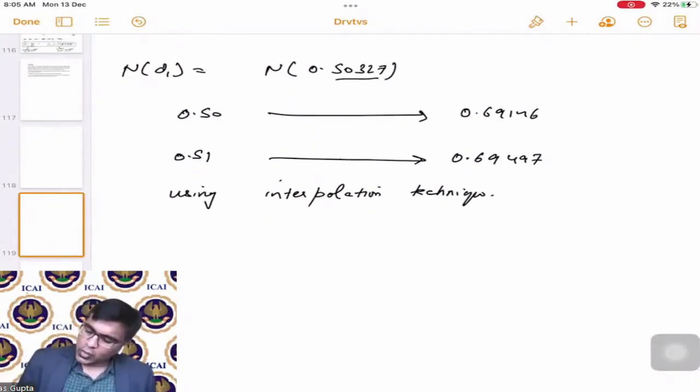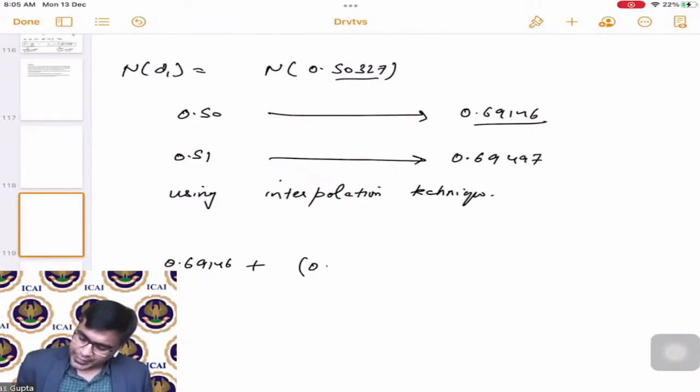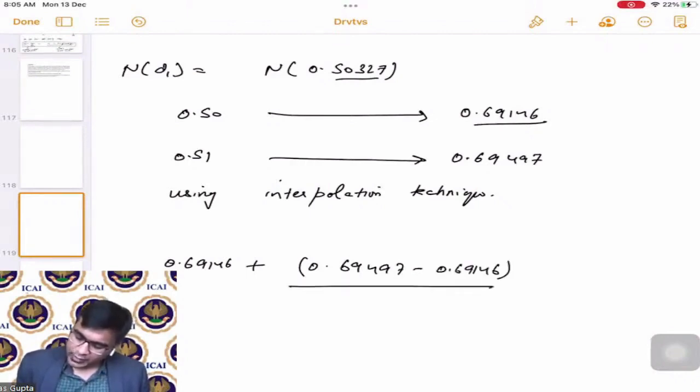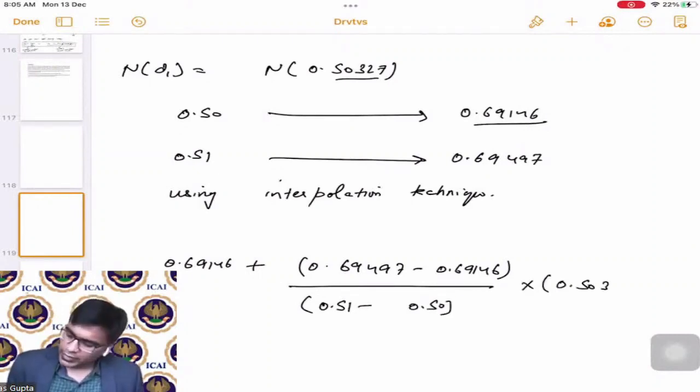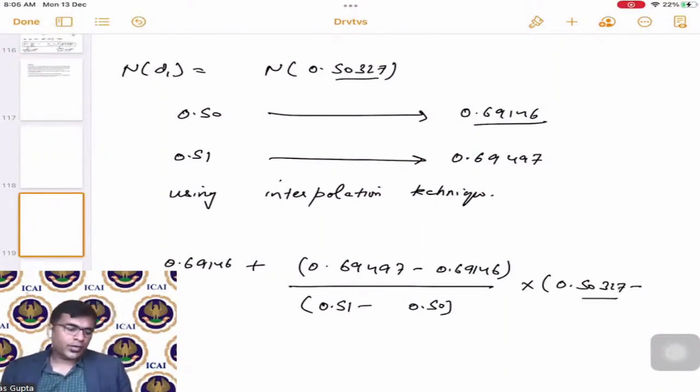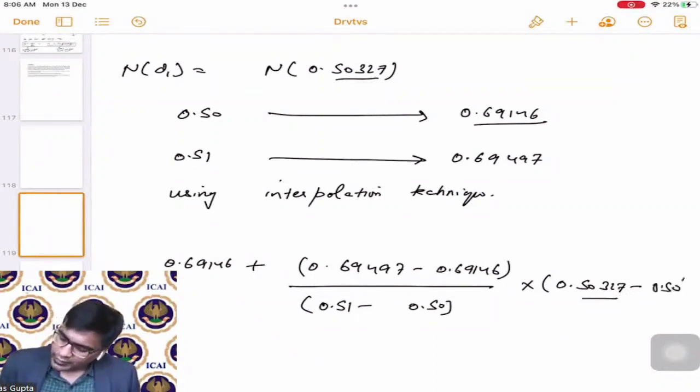So what is the lower value? 0.69146 plus the difference between these two, 0.69497 minus 0.69146, whole divided by the difference in the observation, correct? This multiplied by 0.50327 minus 0.50, where 0.50327 is the actual Z value for which we are going to calculate the amount.